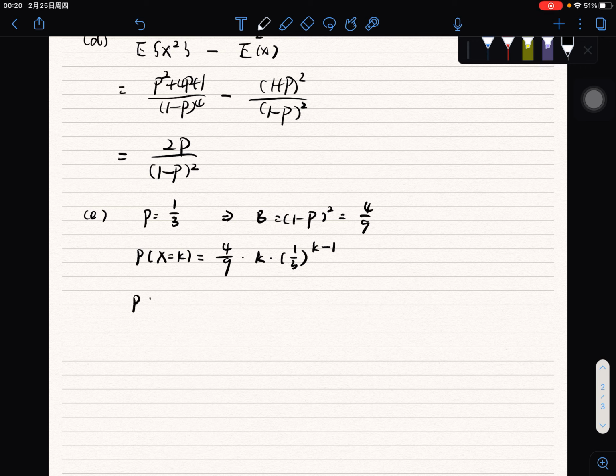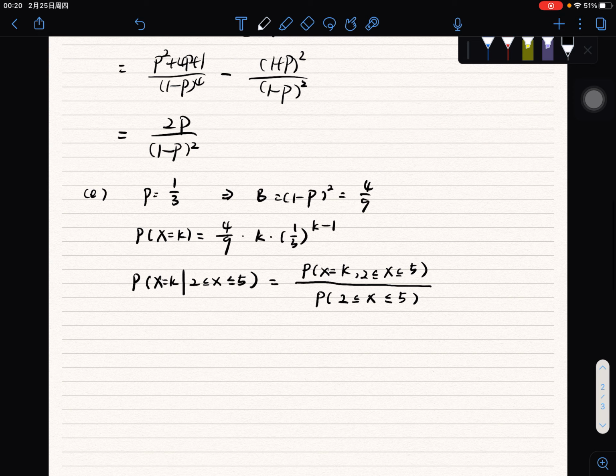And the probability X equals k under the condition that X is greater than 2 and less than 5 equals the probability of X equals k and X is greater than 2 and less than 5, divided by the probability of X greater than 2 and less than 5.